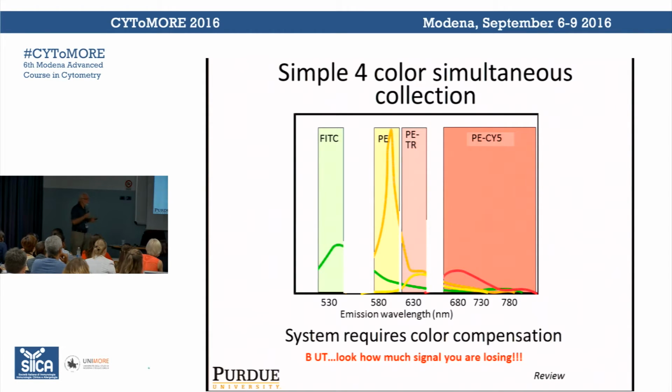Now, you may be able to recover some of them because you can say, well, I've got some of the photons in the other window that should be in this window, so I'm going to capture a percentage of those and just add them to this window or another window, right? And we can do that. We basically call that compensation.